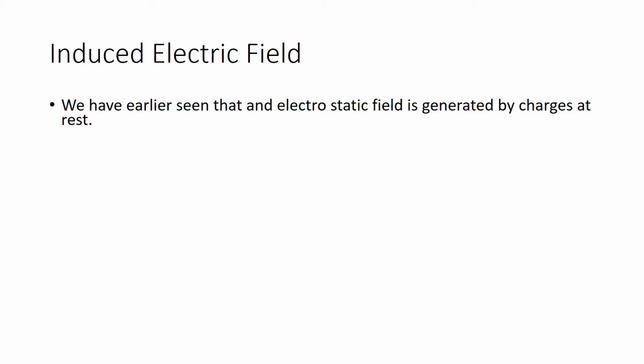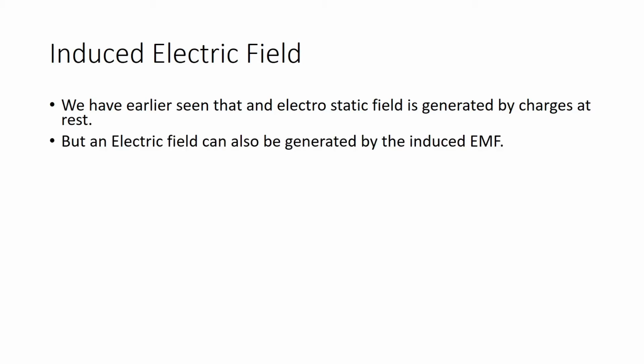We have also seen that the electric field always points in the direction of decrease in electric potential. So there is a relationship between electric field and electric potential. If there is potential, there is bound to be an electric field, so such an induced EMF would also result in an electric field.